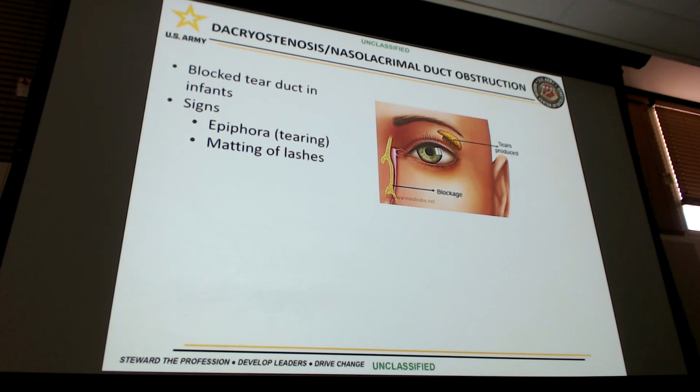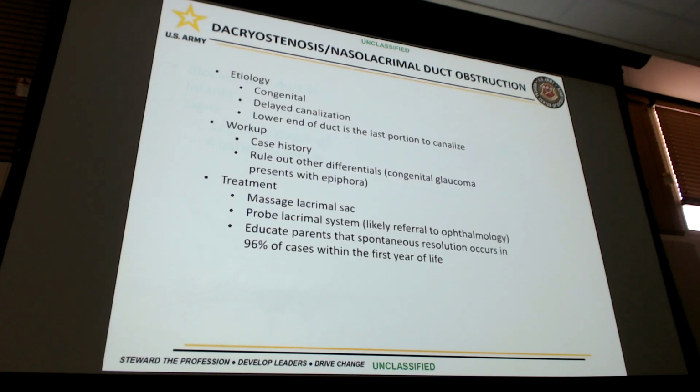You'll have parents coming in complaining that their kid's crying all the time. But there's other things you're going to want to do when a parent says their kid's crying all the time. You want to make sure that the parent's not beating their kid. That's probably the most important. But you could consider dacryostenosis as a differential diagnosis there, because the nasolacrimal duct is obstructed. Okay.